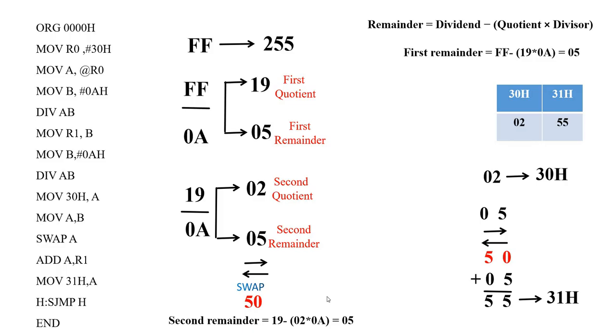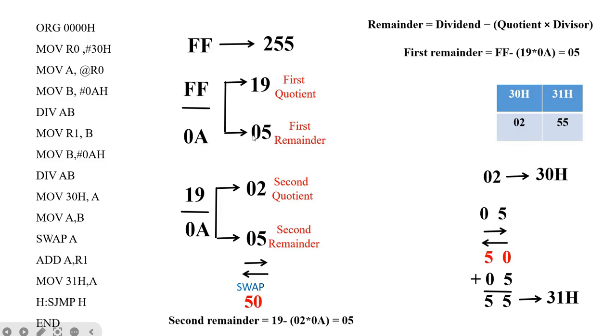So we will use MOV A, B. That is, we are moving the contents of B to the A register, the second remainder to the accumulator. Once we have moved this remainder, 05, to the accumulator, we perform the swap instruction, that is SWAP A. After swapping you get 50.